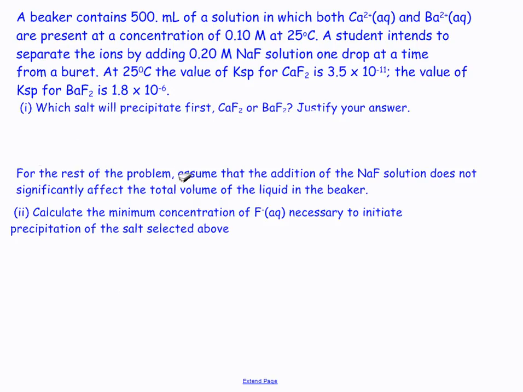Now this one is a hard problem. So take a minute or two and see if you can figure out part 1 and part 2. And when you're ready to go over them, we'll take a look at the answers. All right, hopefully you've tried these.